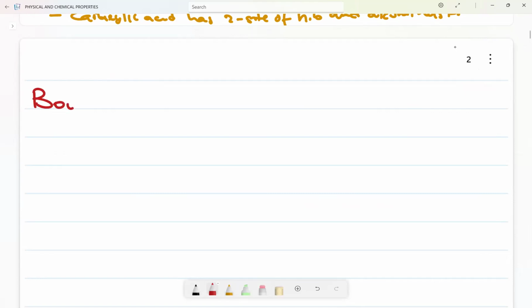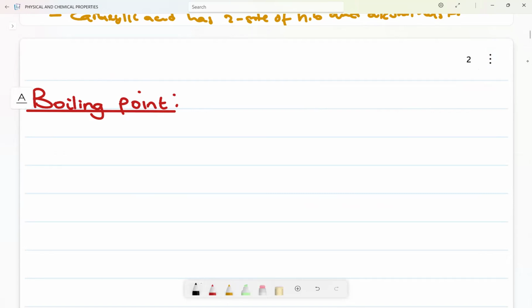Boiling point, this one they like a lot. You won't write any chemistry paper from March until final without boiling point appearing. It may appear twice, three times, or even in all your question papers.